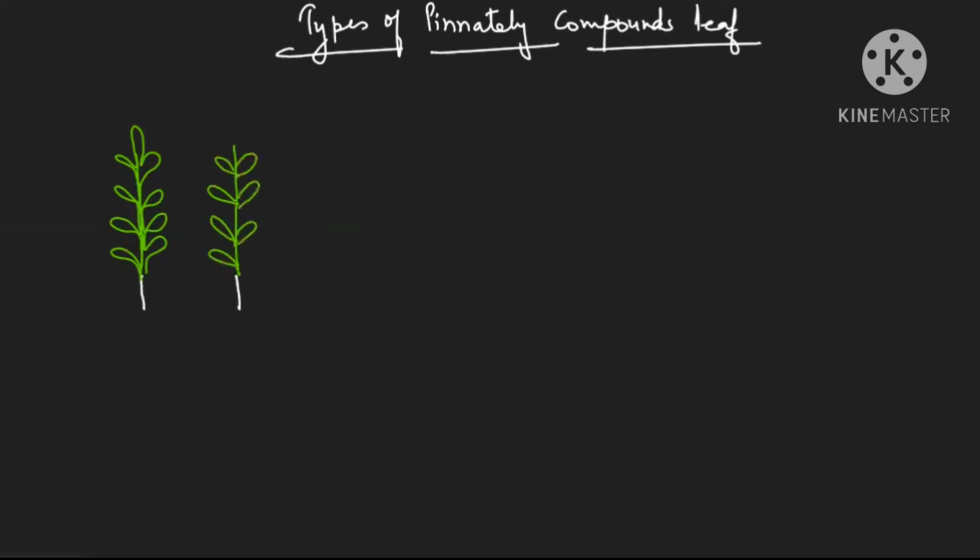The difference is that in the first diagram, these individuals are known as leaflets. The leaflets in the first diagram are of odd number. This is known as imparipinnate.